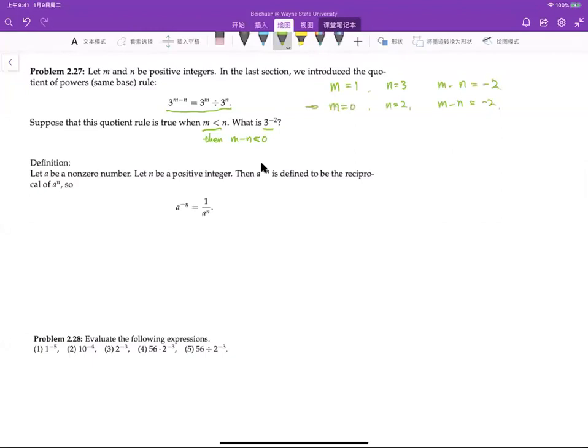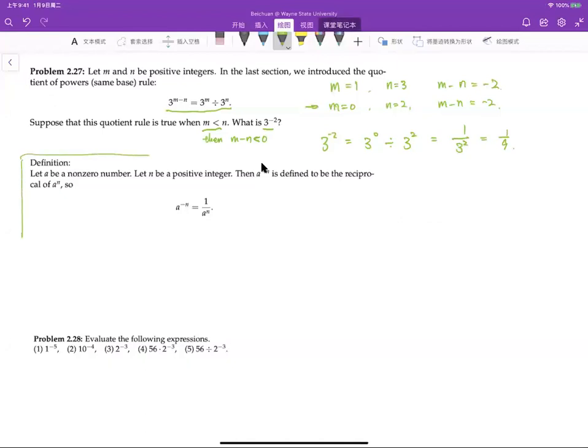If I use the second one, then 3 to the negative 2 equals 3 to the zeros divided by 3 squared. So you have 1 over 3 squared, which is equal to 1 over 9. This is how to derive it by using the property. Then let's look at the formal definition.